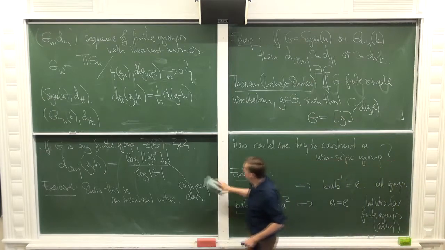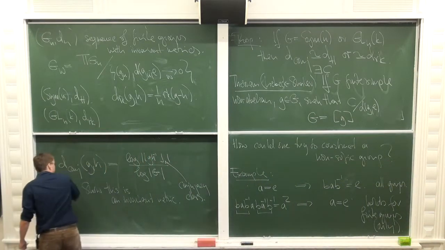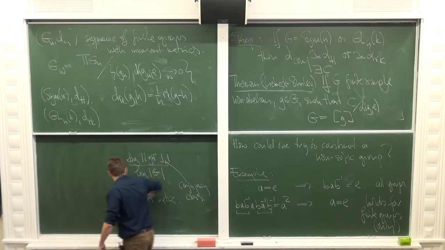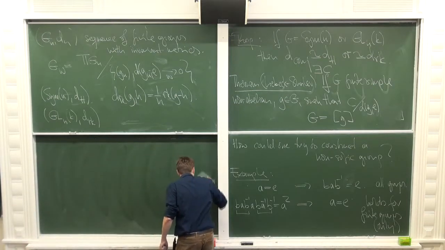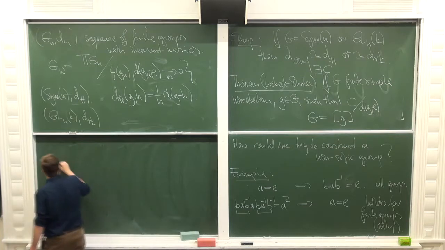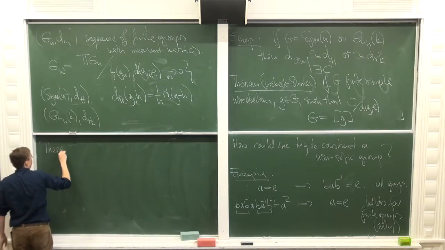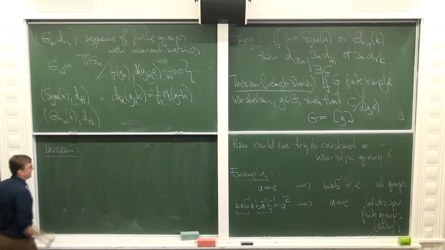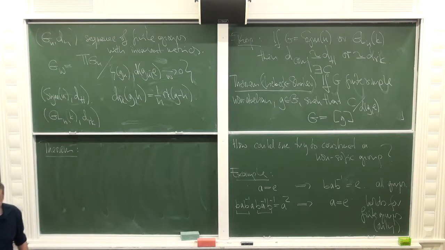And in terms of our ultraproduct, this now has a very nice interpretation. So that's now a theorem. Let d(g,e) be the distance from g to e with respect to this conjugacy metric, which always exists.